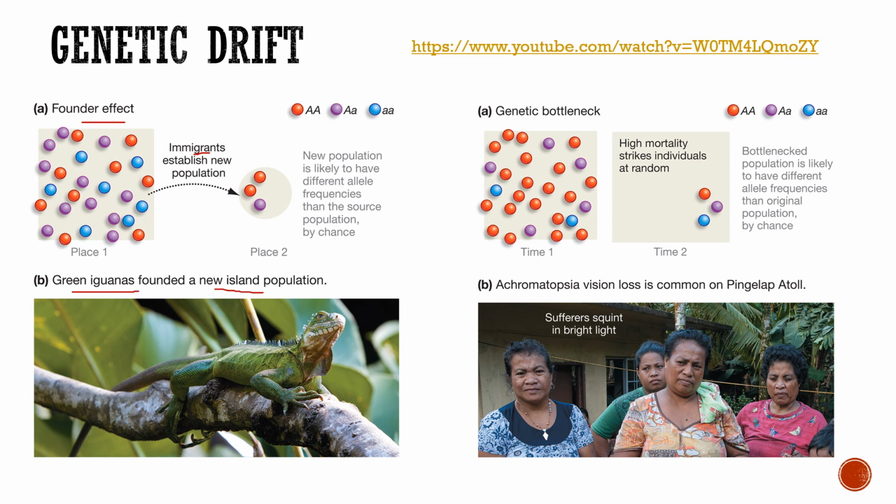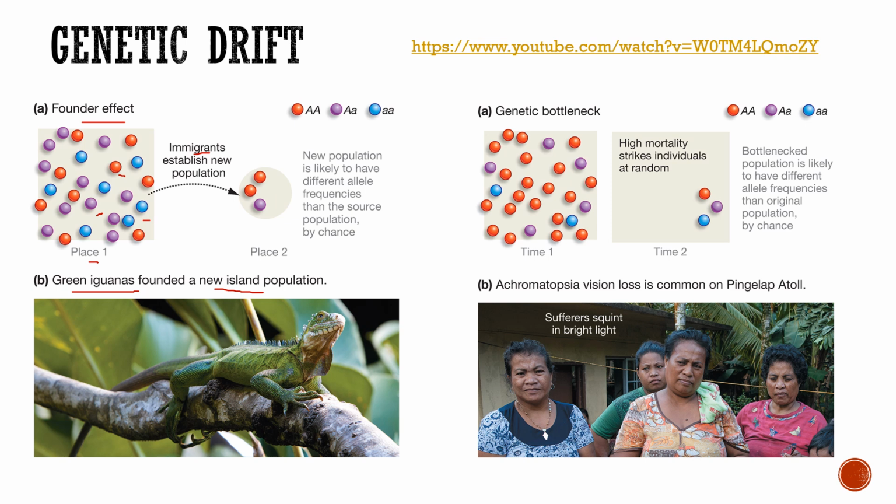There was a population of iguanas, and in place one, there was a lot of variation. We had our homozygous dominant, which are red, our heterozygous, which are purple, and then our homozygous recessive, in a typical 75% with the dominant trait and 25% with the recessive.